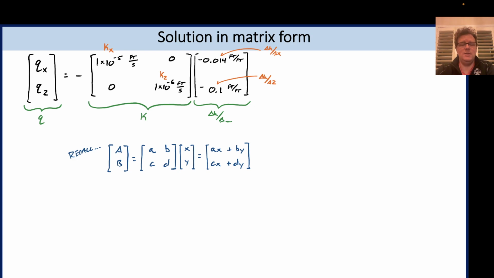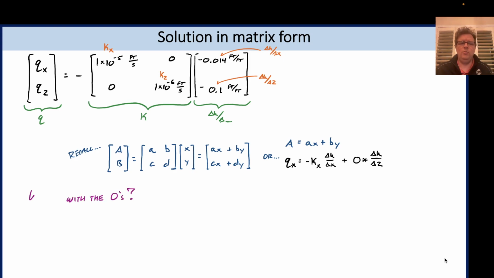So RC might be something that was stuck in your head from a linear algebra class. And so we can take that matrix math and extract the individual equations back out of it. But when we do, we find for our Qx, for example, that we do have that minus kx dh dx term, but then we have this second term, 0 times dh dz.